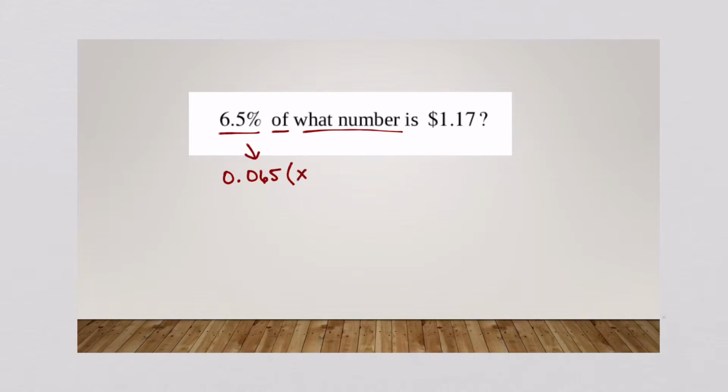What number is x. Is means equals $1.17. Now, notice again I'm dealing with a multiplication problem. I've got 0.065 times x equals $1.17. So in order to solve this, I have to divide both sides by the number that's in front of the variable.